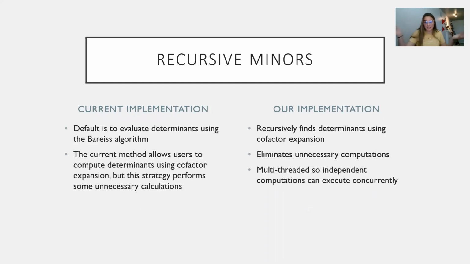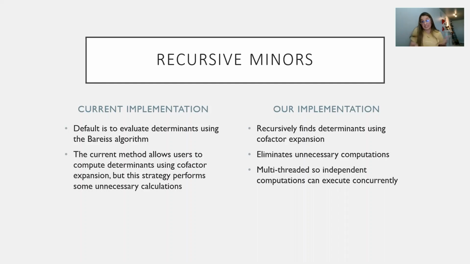So actually, Macaulay 2 has a method that computes these minors, but the current implementation is pretty slow and it's not really optimized because the default evaluates the determinants using what's called the Bareiss algorithm, which is pretty efficient when the polynomials have a low degree or they're not in that many variables, but it's really slow otherwise.